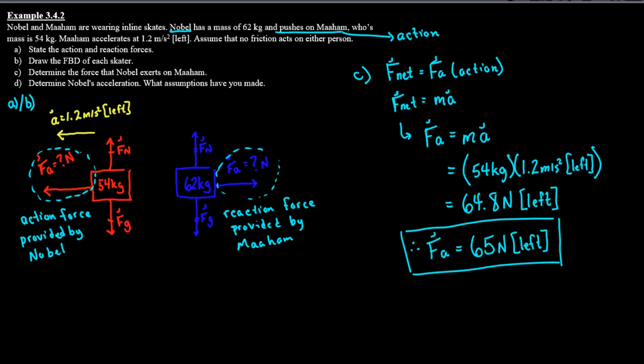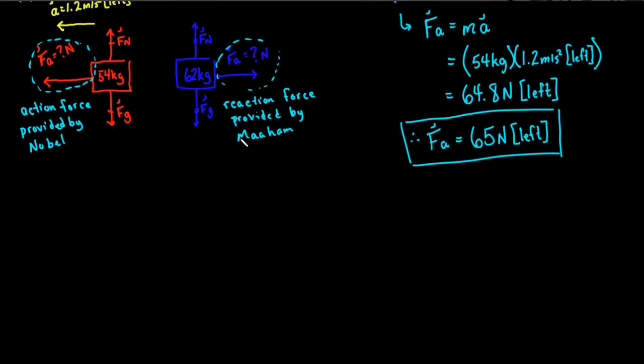Okay. And then part D says, determine Nobel's acceleration. So now we're going to look at Nobel as the object. Okay, and if we think about the net force acting on Nobel, the net force acting on Nobel is going to be, again, that applied force, but it is the reaction of that applied force.